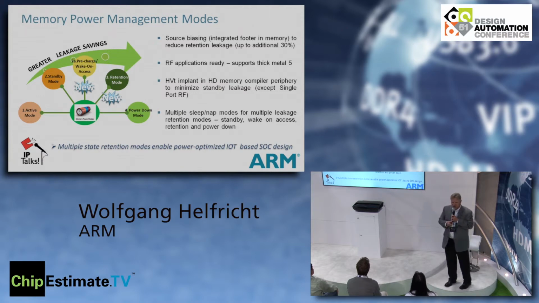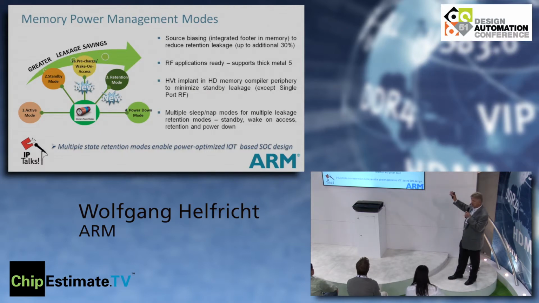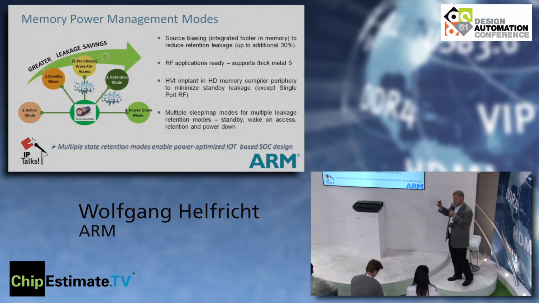Memory power saving modes have become very complex over the last generations. There was a lot of work done in the 28 nanometer and 40 nanometer nodes, and we did some backfill to the older nodes, 55, 65.